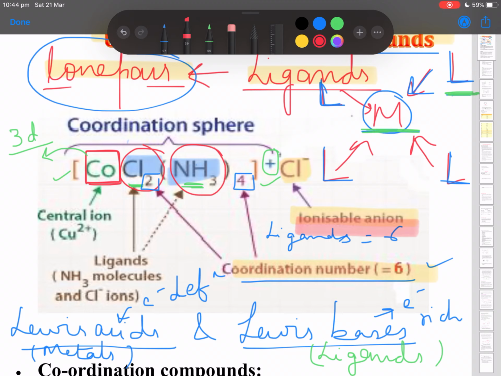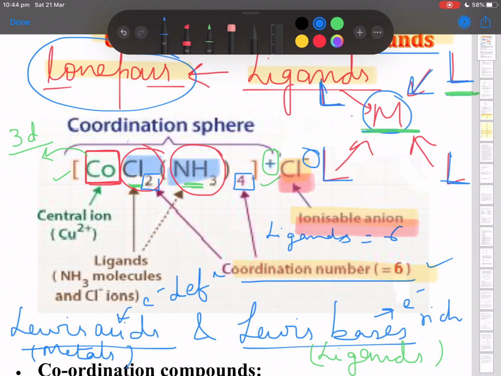Okay, another important thing, if you note down, the charge on the complex is +1 and the charge outside the complex, the species you have here, Cl minus, carries -1 charge. So observe it very carefully.